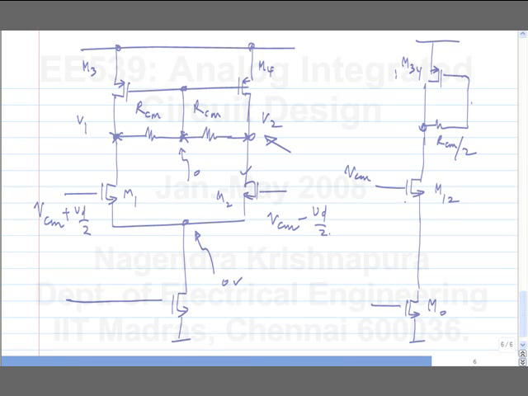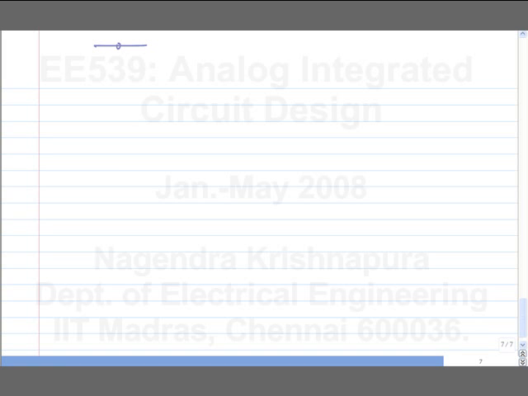How will I simplify the analysis? Analyze only the half circuit. Okay. This is grounded. So that's all that's there to the circuit.